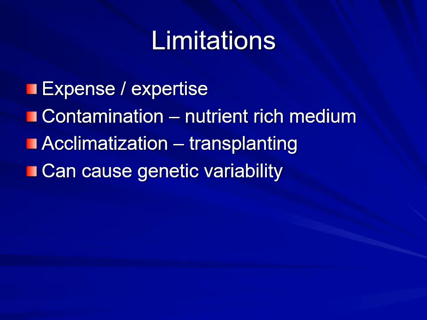One of the real challenges with tissue culture is acclimating the plants once they come out of tissue culture into soil. That's a very difficult transition and takes quite a bit of skill to do successfully. And lastly, depending on how well the protocol is done, if your plant hormone levels are just a bit too high, they trigger genetic variability, and you end up with plants that are not true clones.